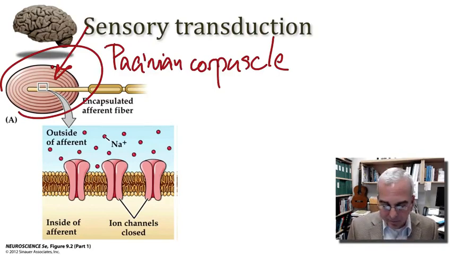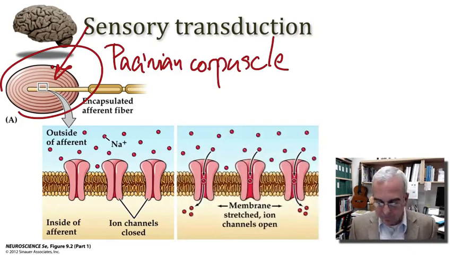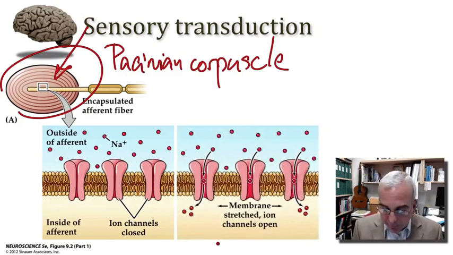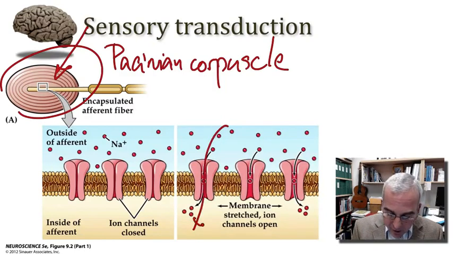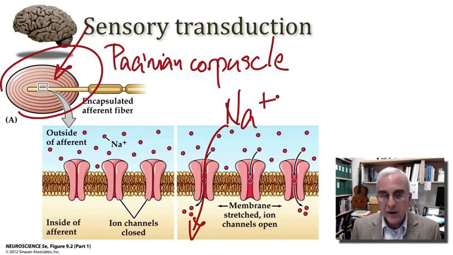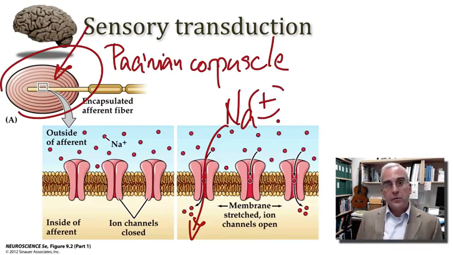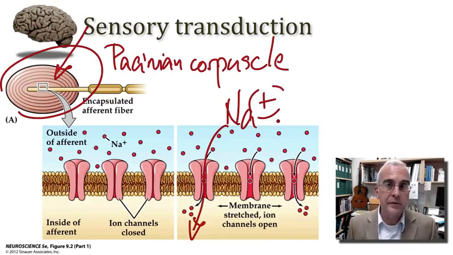So here's what we observe. When a physical force is applied to this tissue, these ion channels will open. This will allow our cations to enter. In this particular case, the principal permeant ion is a sodium ion, and so, as I think should now be familiar to you, as sodium rushes in to a neuronal cell, it carries with it its positive charge, and that leads to the depolarization of the sensory ending of this axon.